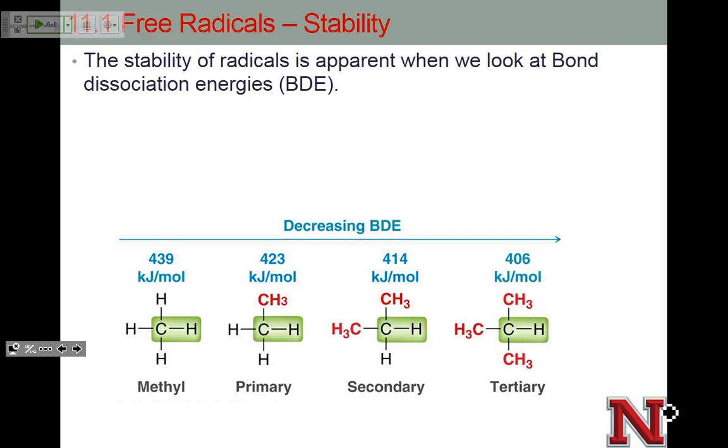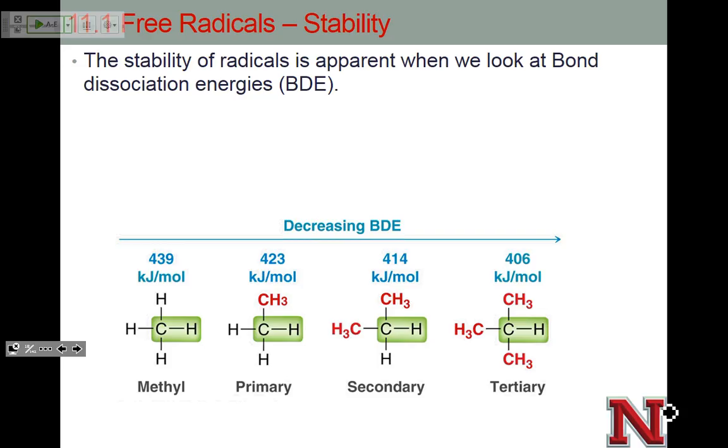When we are looking at these reactions, we're going to be starting with neutral compounds, and we're going to be removing a hydrogen to form a carbon radical. So what we can look at is our bond dissociation energy. Remember, our bond dissociation energy is homolytically cleaving our bond to form 2 radicals. So the lower the bond dissociation energy, the easier that carbon-hydrogen bond is to break homolytically to form radicals.